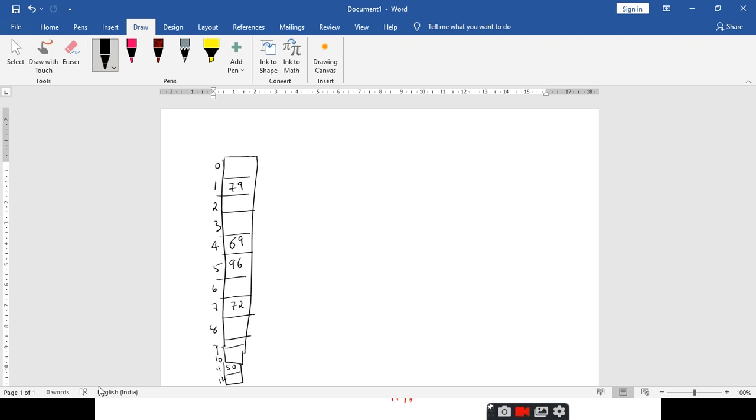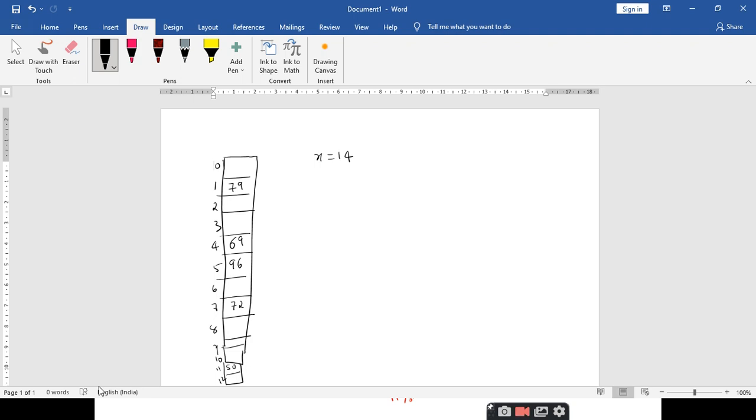Right, see here. This is the situation of the hash table we have right now, and my problem is I want to insert the next element into the hash table, where the next element is 14.